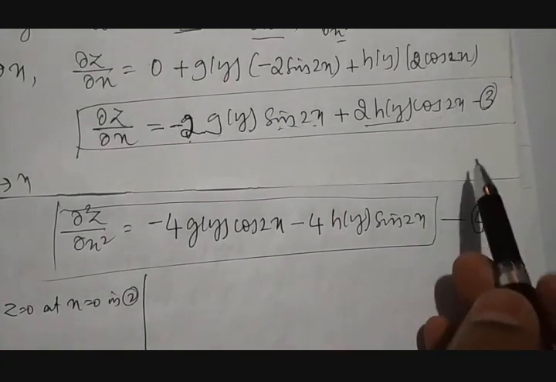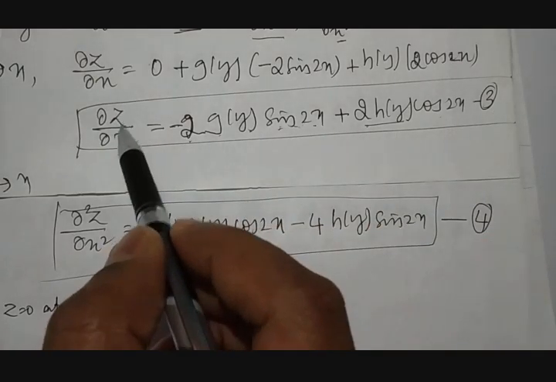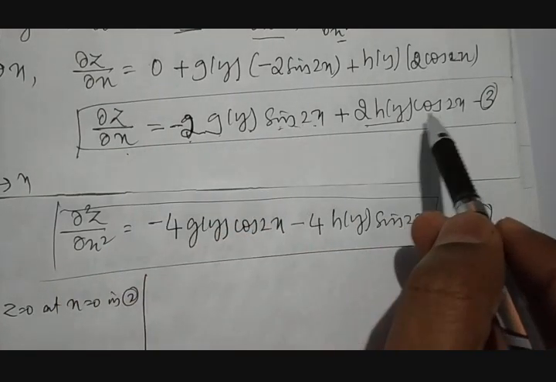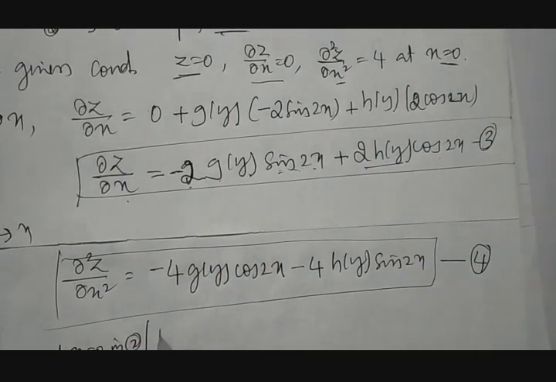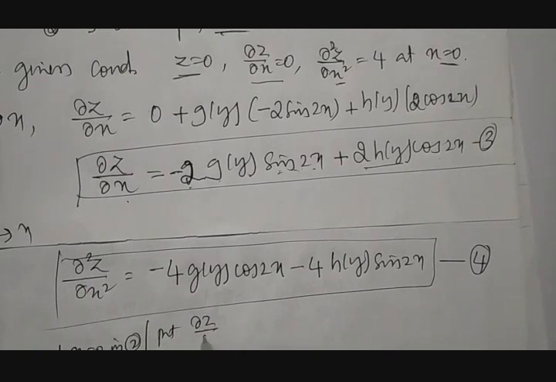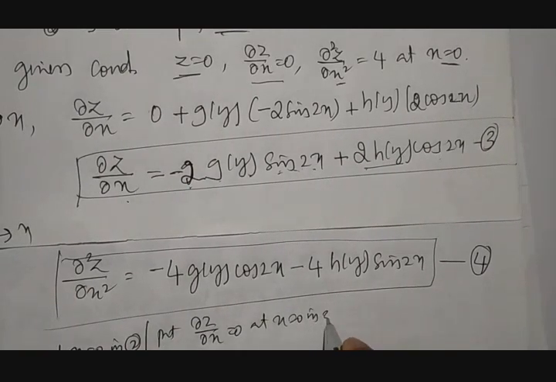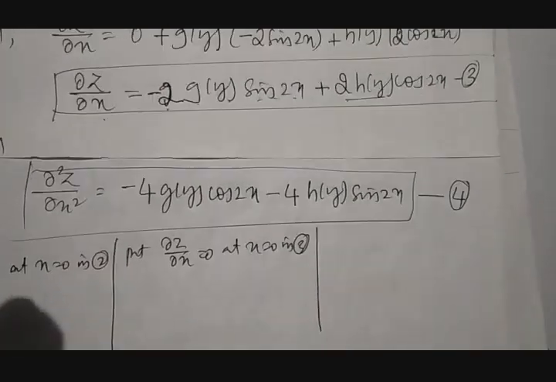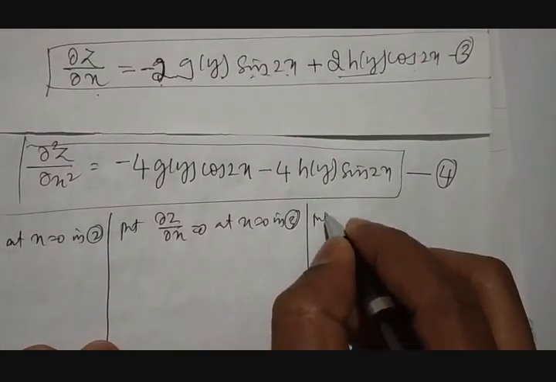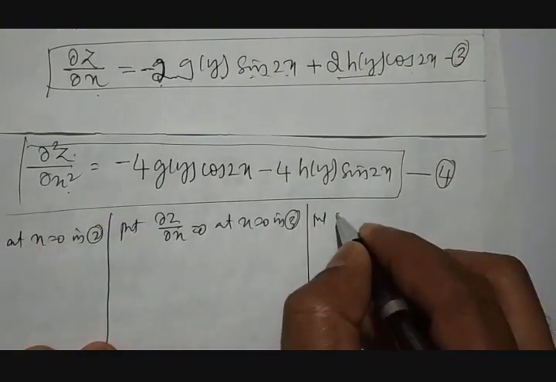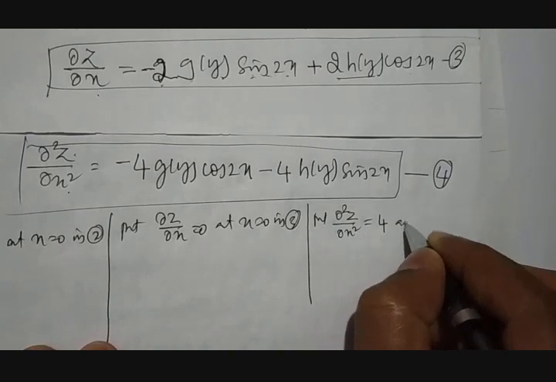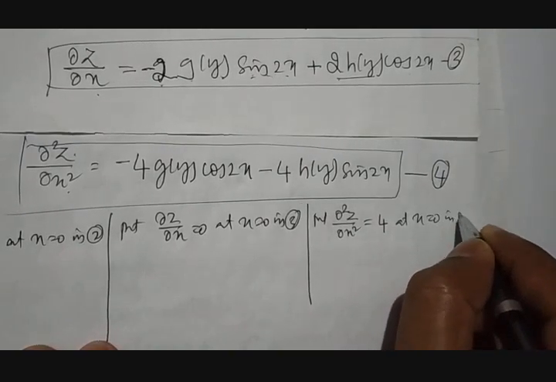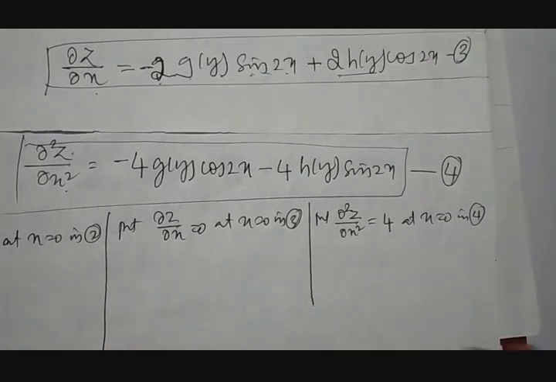Next, in equation number 3 we can substitute ∂z/∂x, which is 0, so put ∂z/∂x equal to 0 at x equal to 0 in equation number 3. Similarly, put ∂²z/∂x², which as per the given condition is 4 at x equal to 0, in equation number 4.